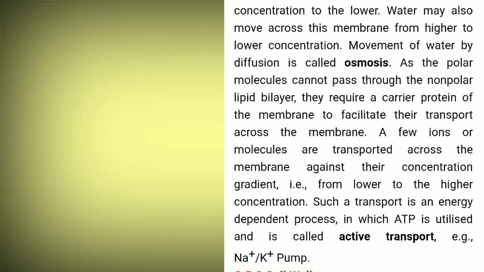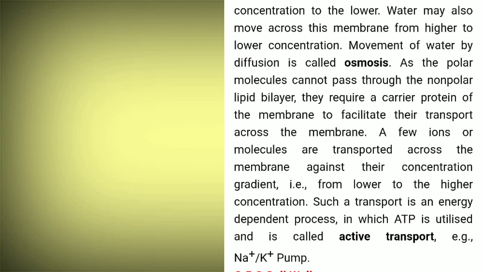A few ions or molecules are transported across the membrane against their concentration gradient. Some of the ions, such as chloride ion and potassium ion, require a special transport which requires energy, and it is said that they go against the concentration gradient, that is from lower to higher concentration.